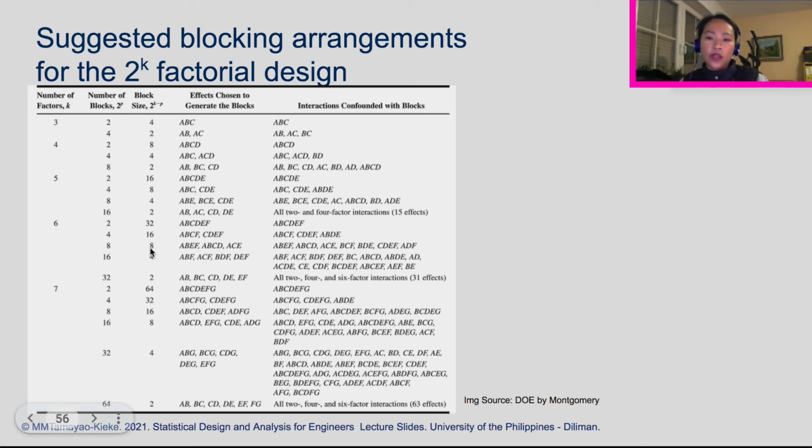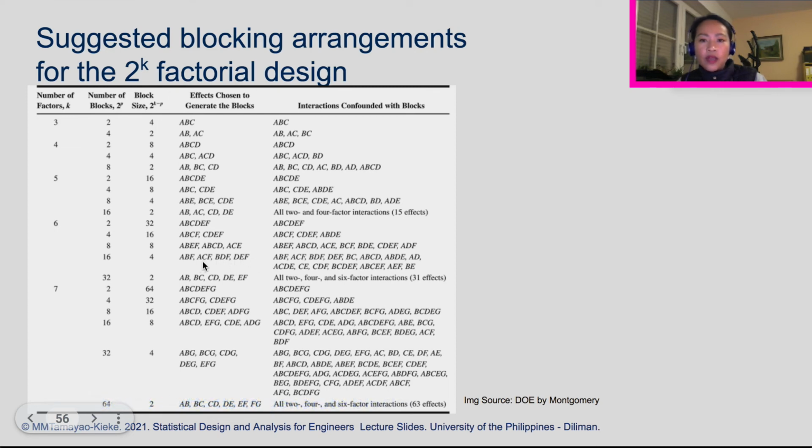In another example, say you can only run 4 combinations in one block. That would be 2 to the 2, so k minus p is equal to 2. So 6 minus p is equal to 2, which means that p is equal to 4. With p equal to 4, you have to choose 4 effects to confound your blocks with, and this table suggests that you use ABF, ACF, BDF, and DEF.